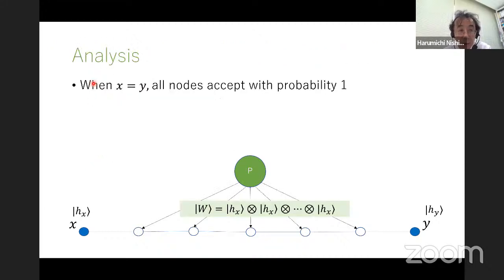Now we move to the analysis. If the two data are equal, then in our protocol all nodes accept with probability 1. This is almost trivial because all intermediate nodes have the same fingerprint, so for any coin flip, the check succeeds.